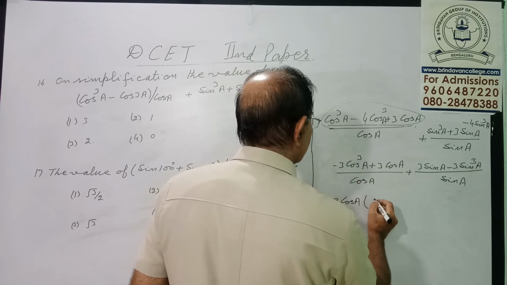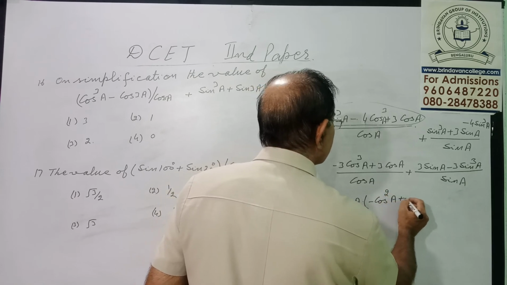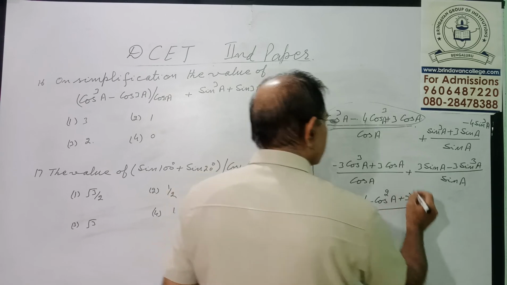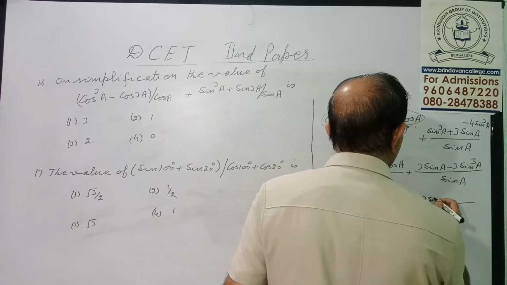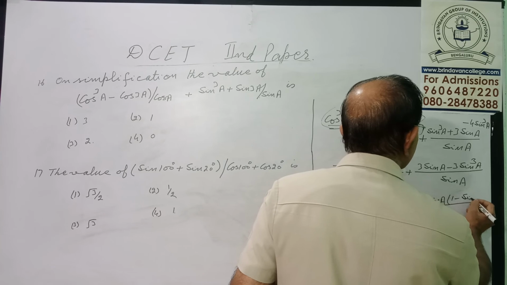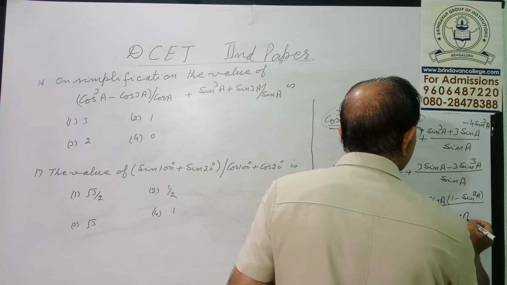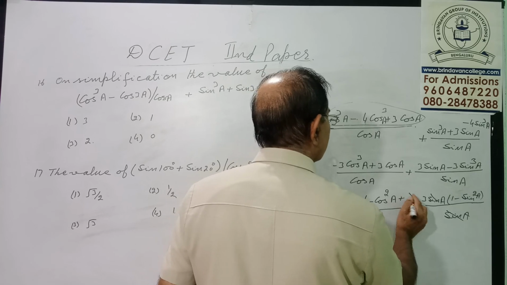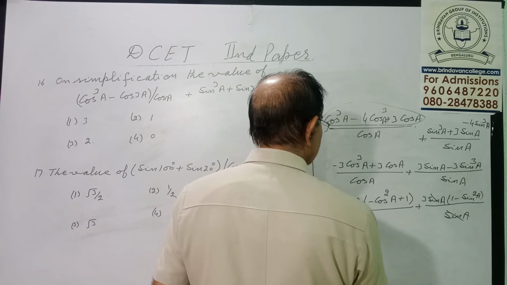By taking 3 cos A common, we will get minus cos square A plus 3 over cos A. Similarly, plus, 3 sin A we can take common, we will get 1 minus sin square A over sin A. So this sin A we can cancel, cos A we can cancel. So by taking 3 common, we will get 1.